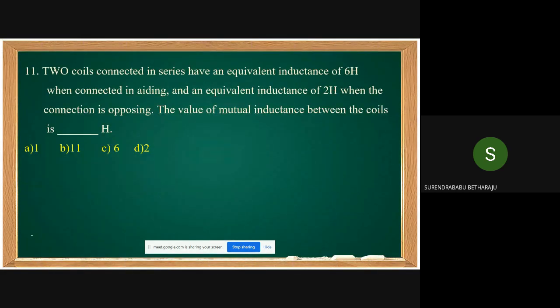Two coils connected in series have an equivalent inductance of 6 Henry when connected in aiding and an equivalent inductance of 2 Henry when connected in opposing. The value of mutual inductance between the two coils is?